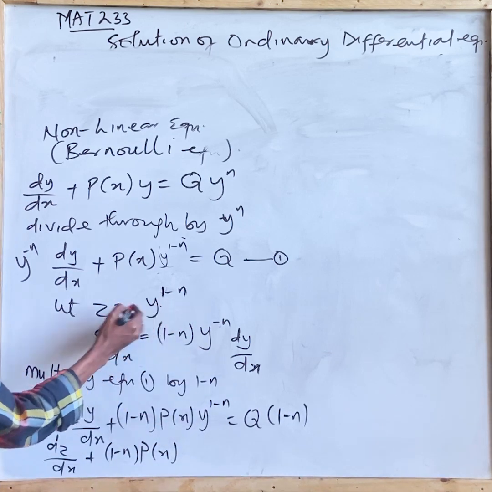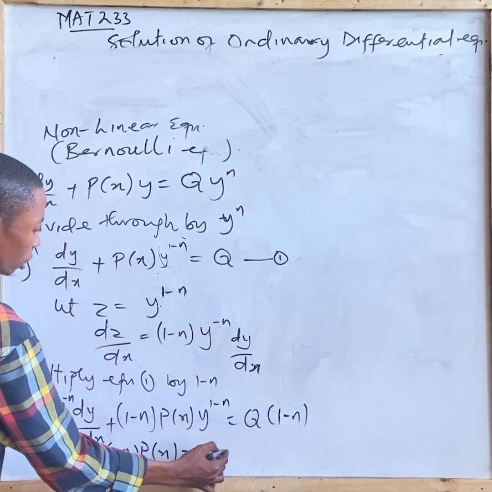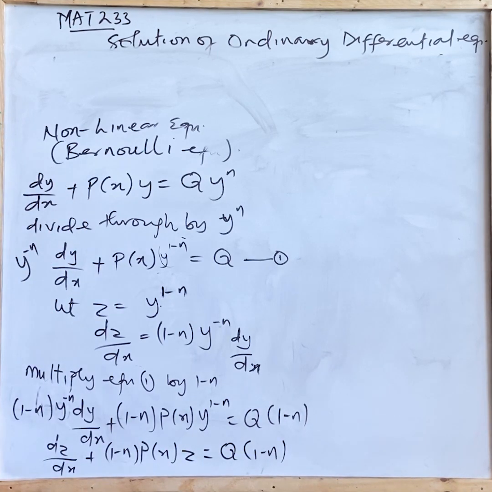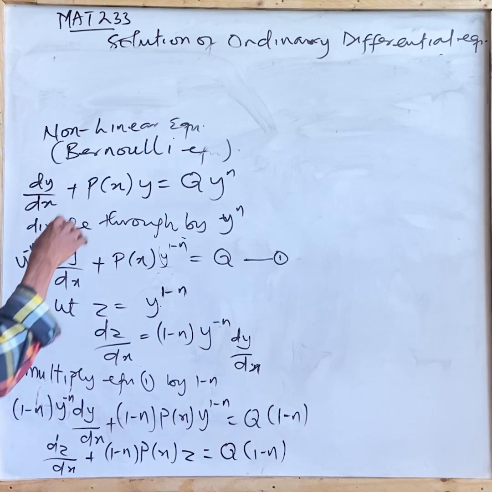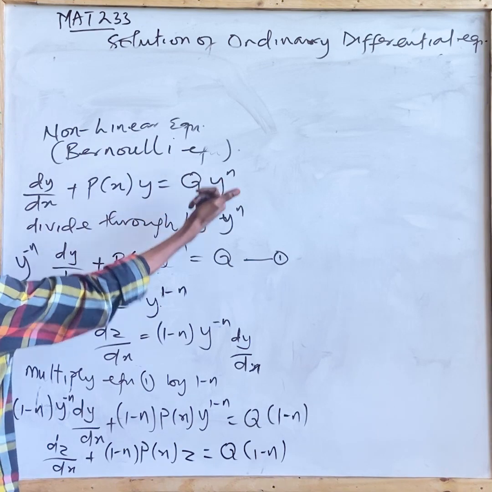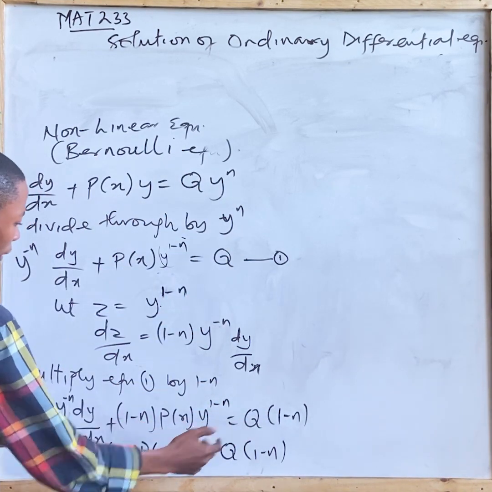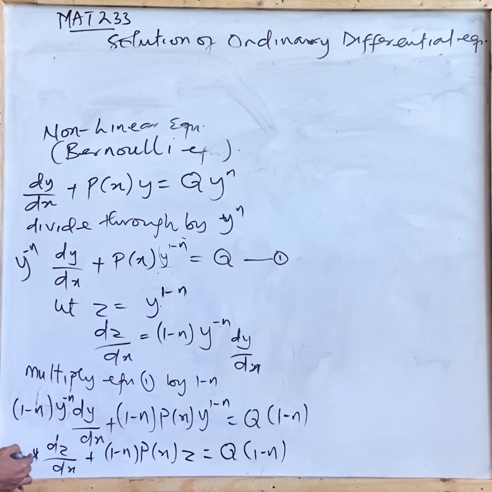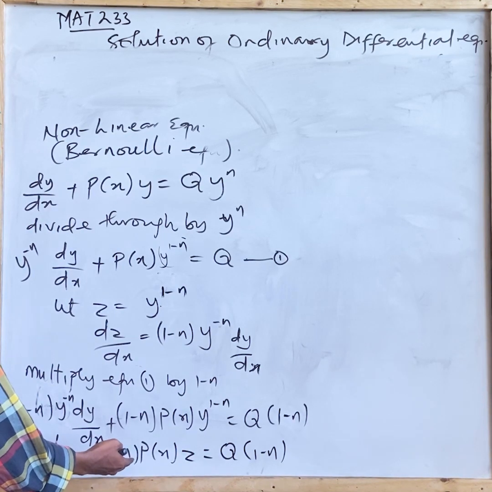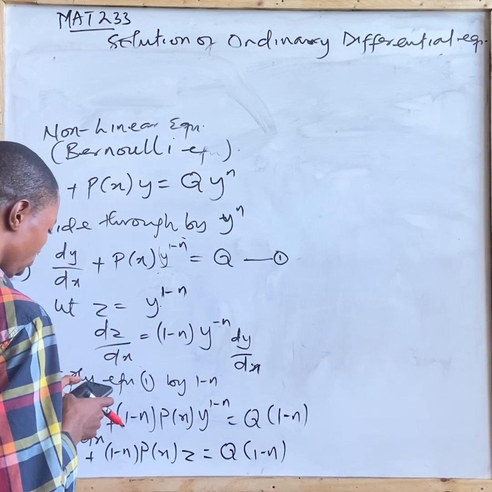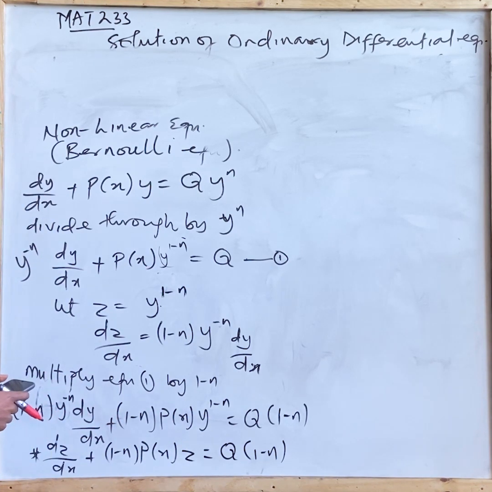Y raised to 1 minus n is what? It is z, equals q times 1 minus n. So in that case, we have successfully transformed a non-linear equation to a linear equation. From here, we just solve using our linear equation method, taking p of x and looking for the integrating factor. So let's check one example here.